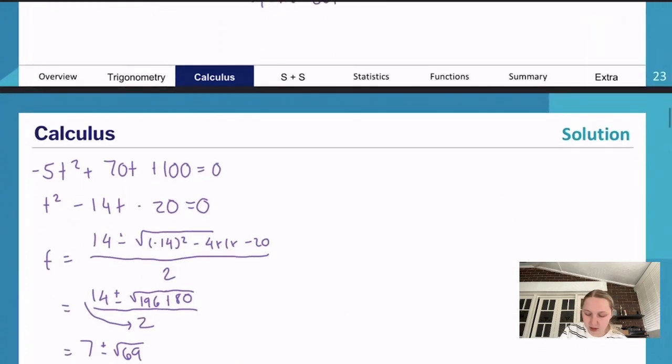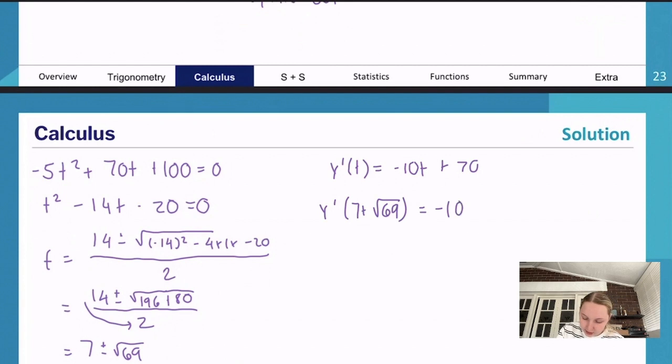So I remember we said y dash of t was equal to negative 10t plus 70. So if we've got y dash of 7 plus root 69, we're getting negative 10 times (7 plus root 69) plus 70, which is going to give us negative 70 minus 10 root 69 plus 70.